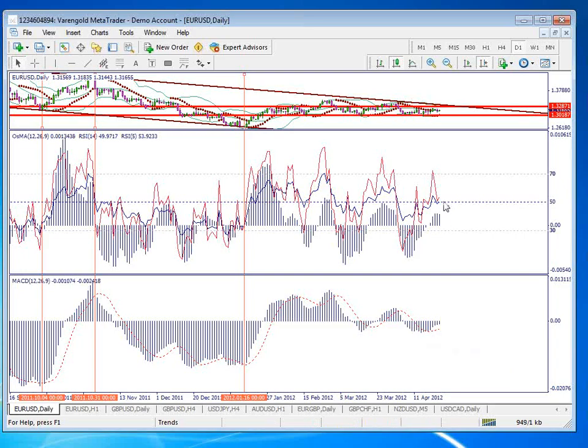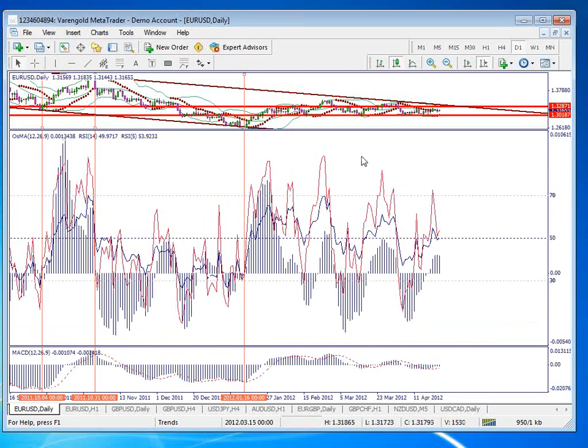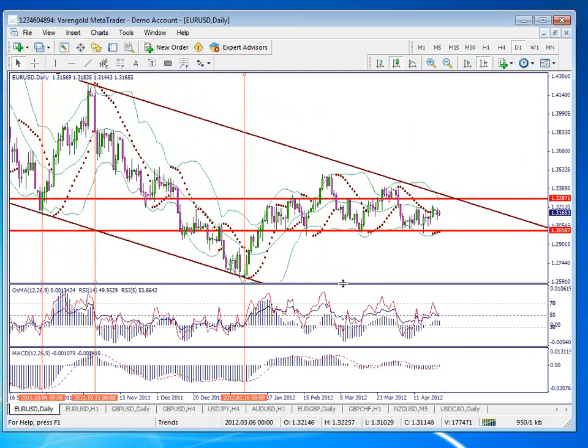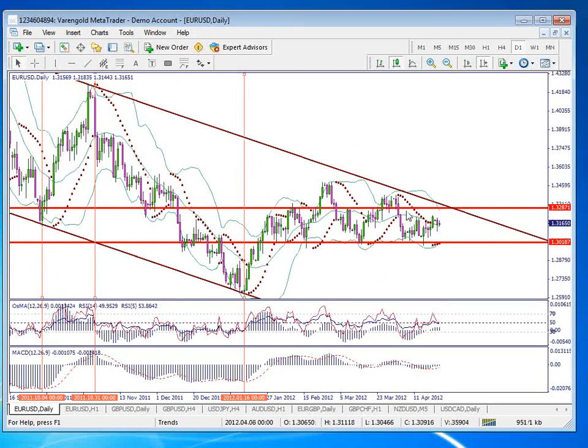So we have here one signal for sell, here one signal for buy. It means that the move into the down direction will not be so strong. So our scenario regarding the evolution of the pair into this triangle is confirmed by the signals that we have from the RSI oscillator and moving average.